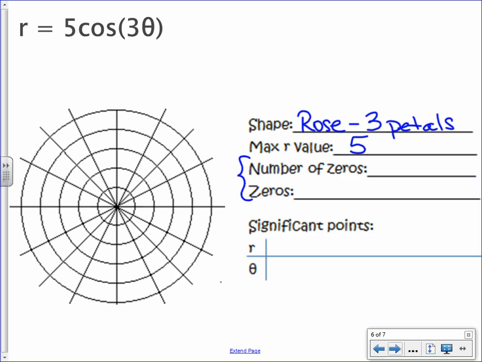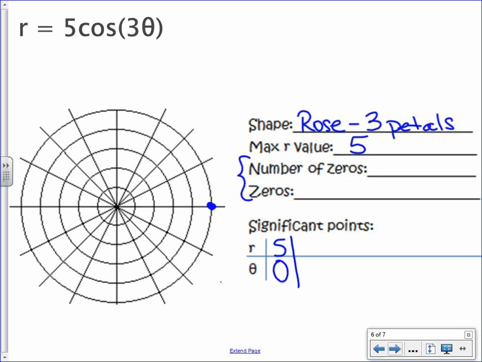So you should always have a significant point of theta being 0. We need to know where to begin. When theta is 0, what is r? 5. So that is our max R value, so we know we have a petal right there, don't we?